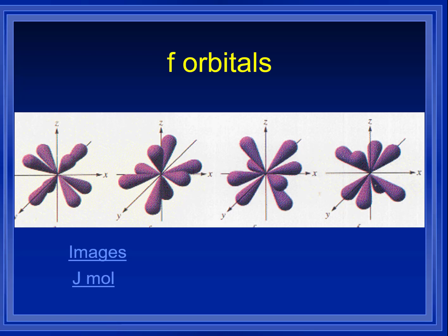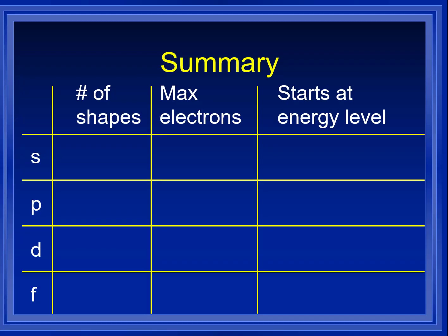Okay, so, important things you should have taken out of this, in summary of what we just talked about. We got the 4 orbitals, the s, the p, the d, and the f.